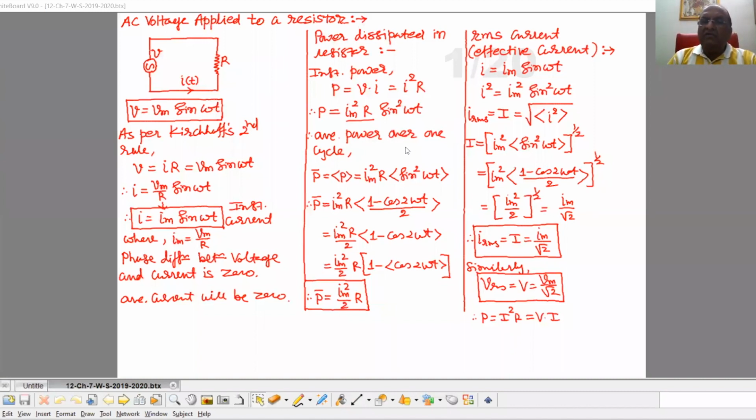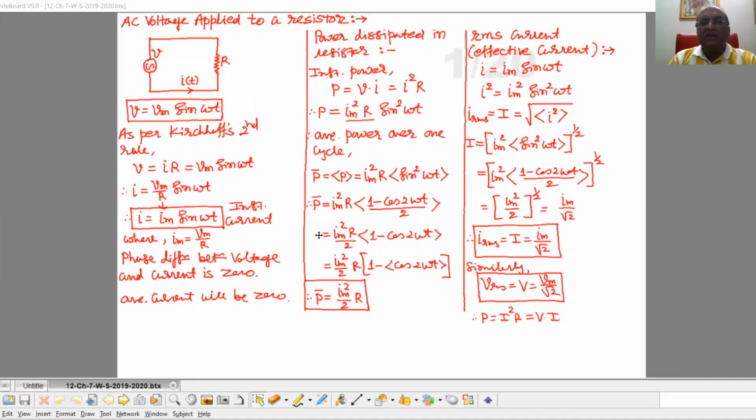Average power over one cycle: Im square R is constant, so we have to take the average of sin square omega t. Sin square omega t is 1 minus cos 2 omega t by 2.